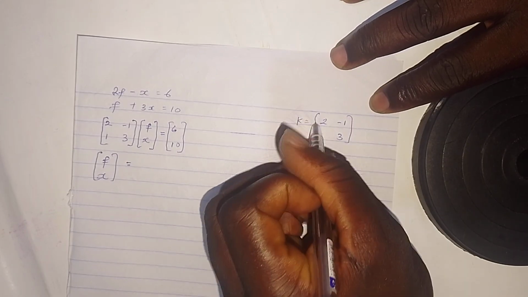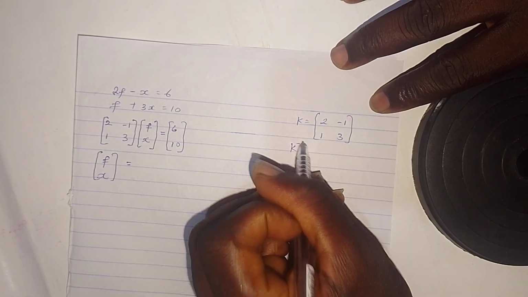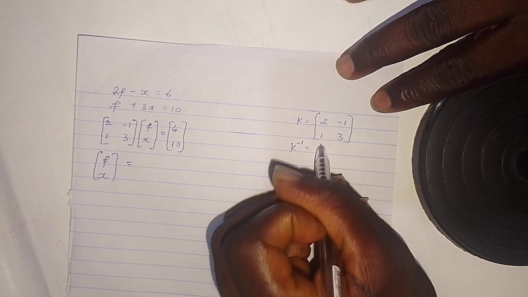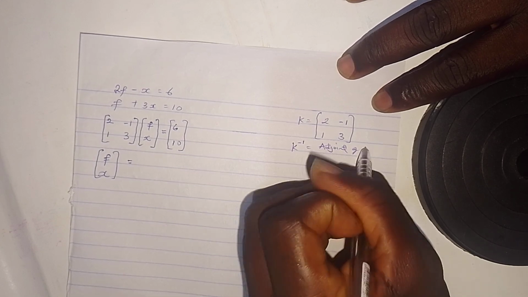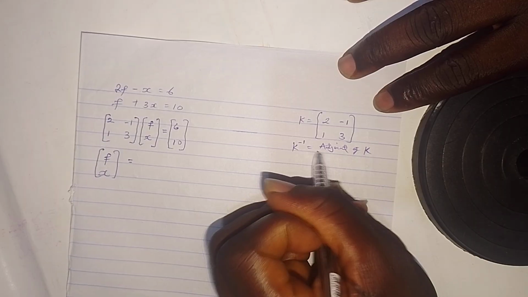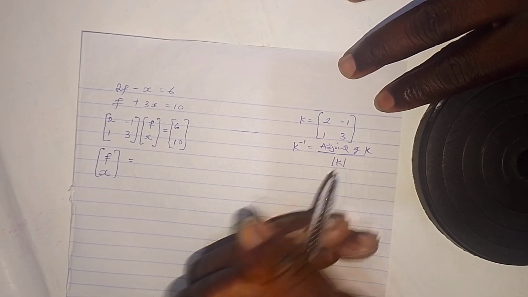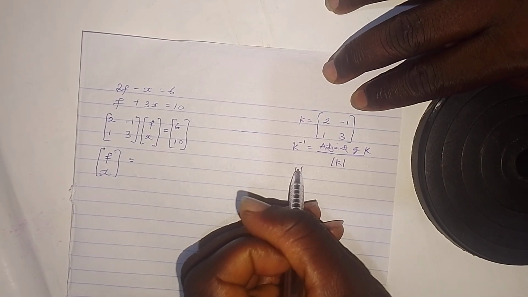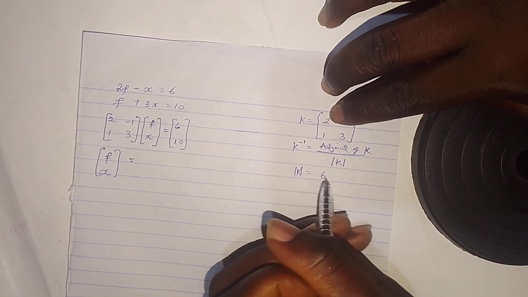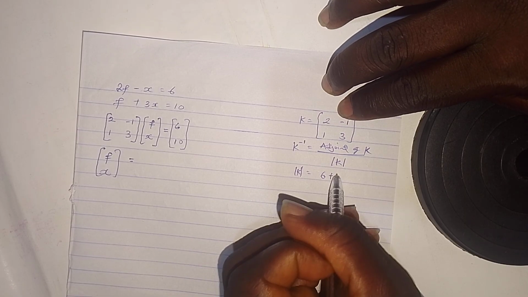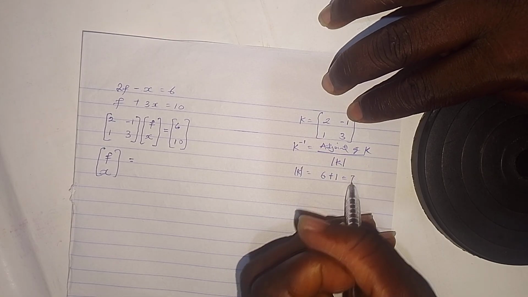We need to get the inverse, which is K inverse. The inverse is the adjoint of the matrix K over the determinant of the matrix K. So let's get the determinant of matrix K. It is 2 times 3 is 6, 6 plus 1, that's 7.